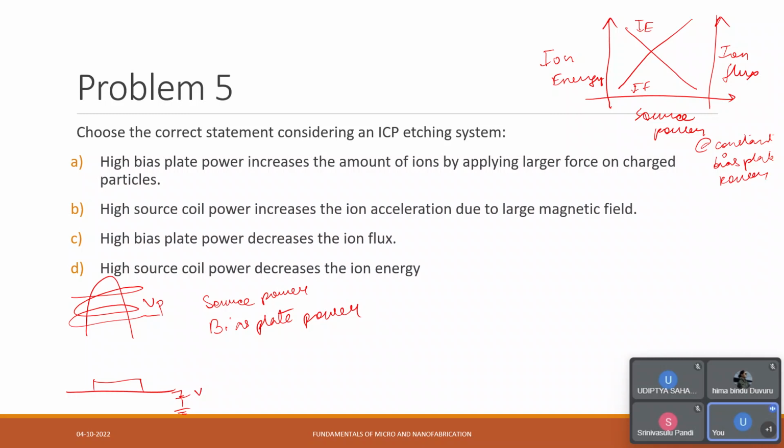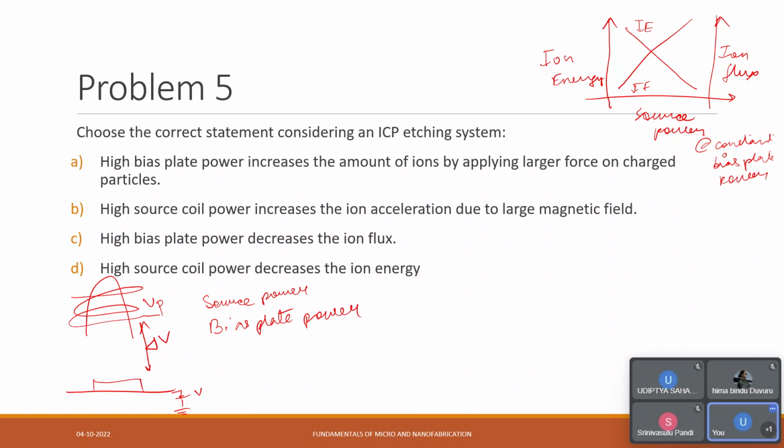This diagram explains the answer regarding the ion energy. Essentially the ion energy decreases because of high source power, and you can ask why. The energy with which ions bombard the substrate is derived from the potential difference.